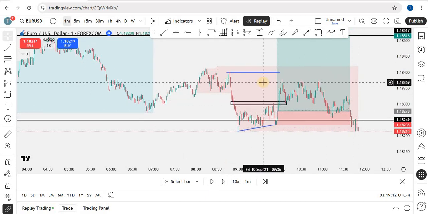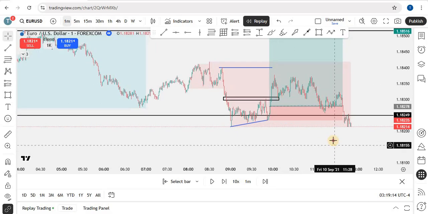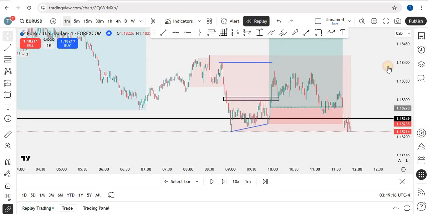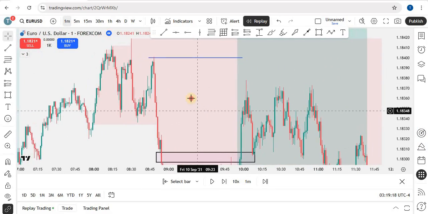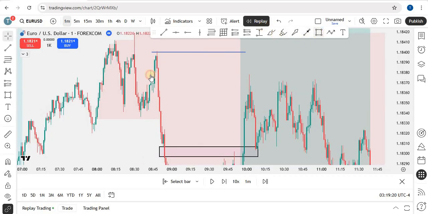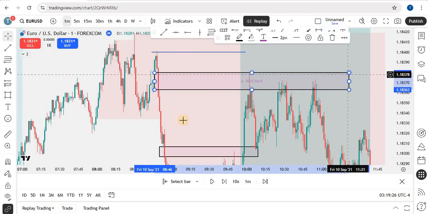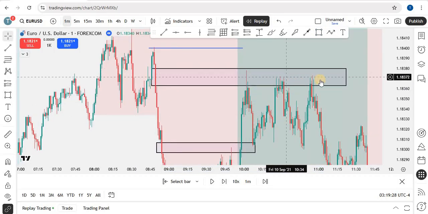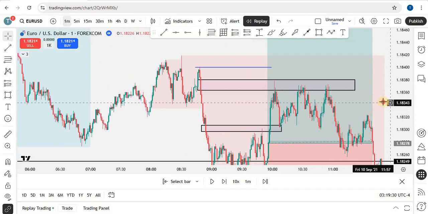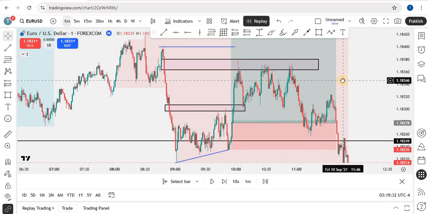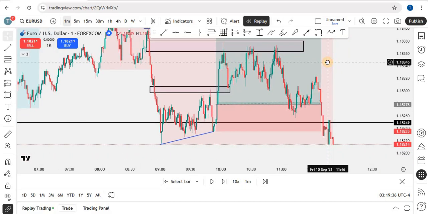We got here SL, and we got respect from this fair value gap, but we created a beautiful sweep. If you become wrong, okay, you do not have to be worried about it.